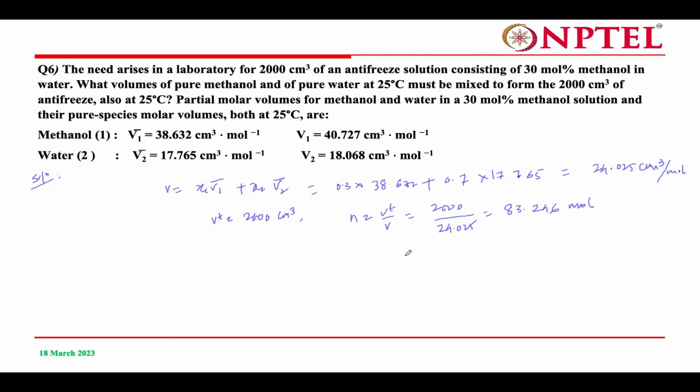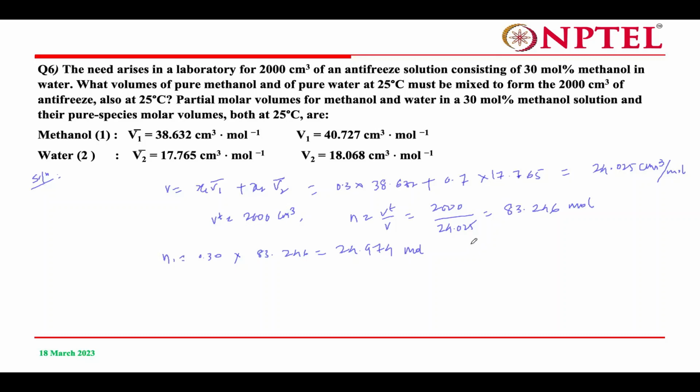So for 30% methanol, 70% is water. So N1 is 0.3 times 83.246, which is 24.974 mole.